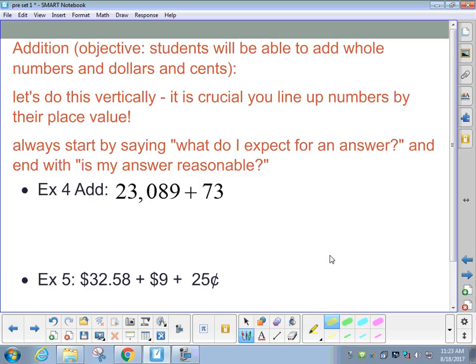Addition. Now, I want to give you back your pre-quiz from yesterday, so you know how you did. But would you do me a favor? Assume you missed this, okay? So you're not looking at this as, oh, I know this, because yesterday was pretty easy, but you're also pretty rusty.